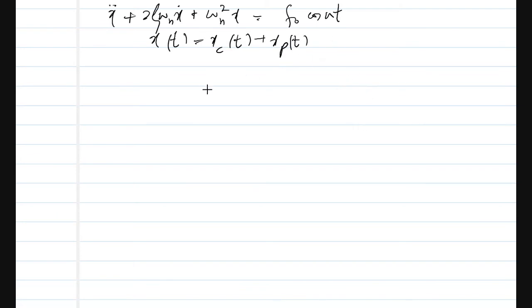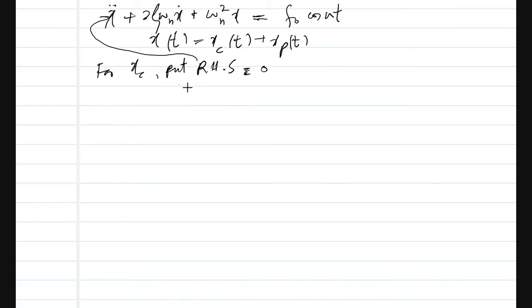Now for a complementary solution, if you remember the solution of ODEs, you have to put the right hand side of the above equation equal to 0 for x c. And what you get is a free vibration response, as we have done previously.